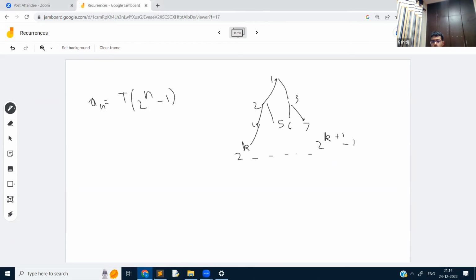Okay, so now if you notice, I will add a few more edges. If node I and node J are connected by an edge, and I is less than J, then AI is less than AJ. This follows from the condition of the problem.